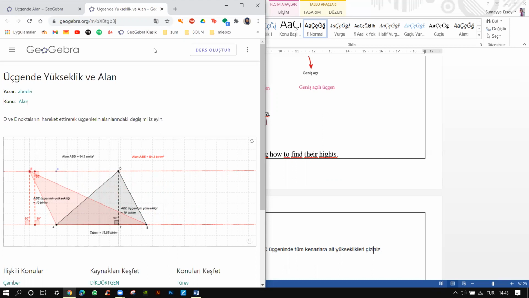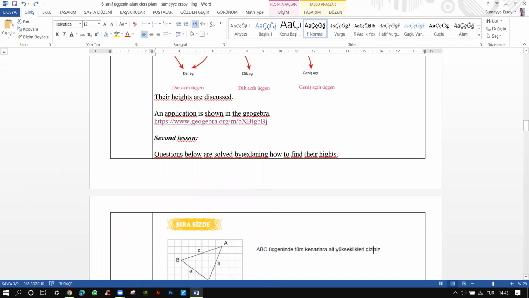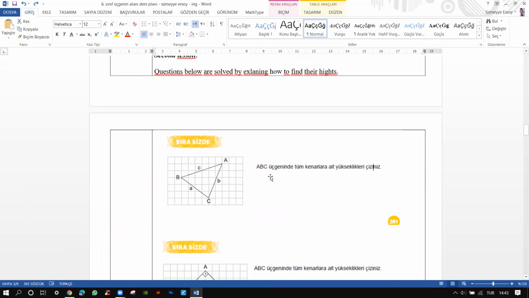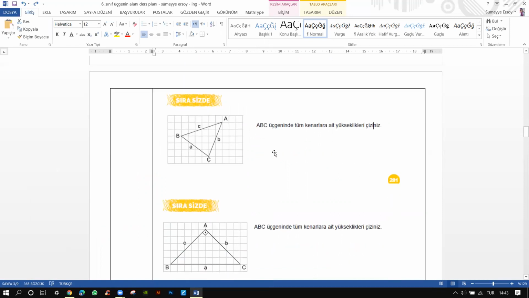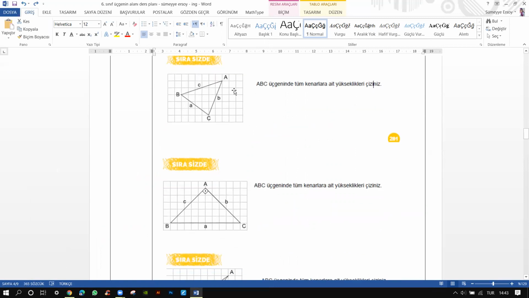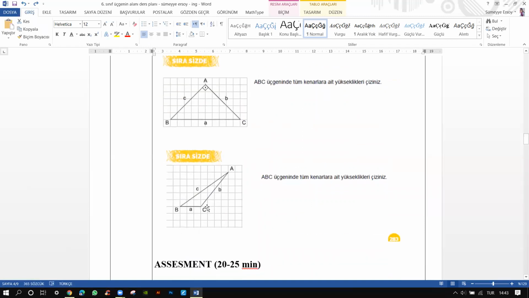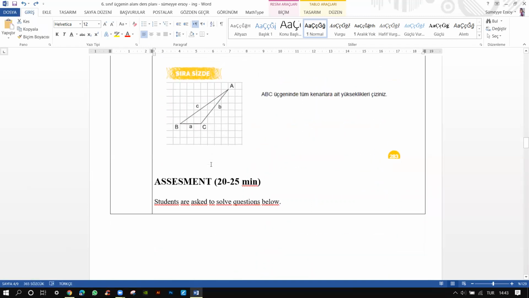They see here like this. After the GeoGebra, I solve some problems about height, because I have to be sure that they understand how to find the heights. This is acute angle, this is right angle, and this is obtuse angle.